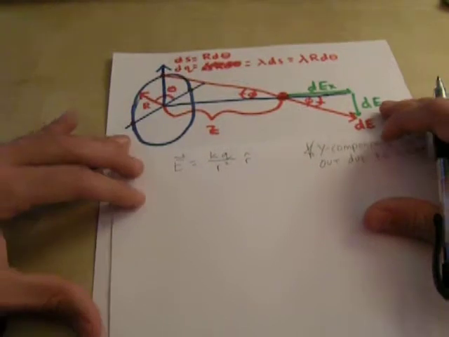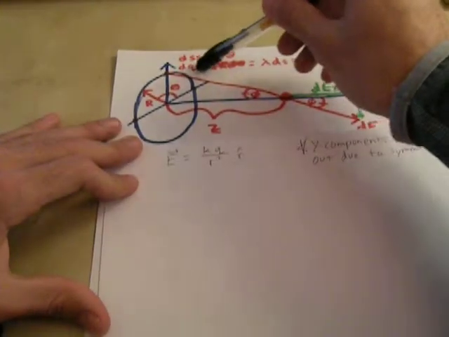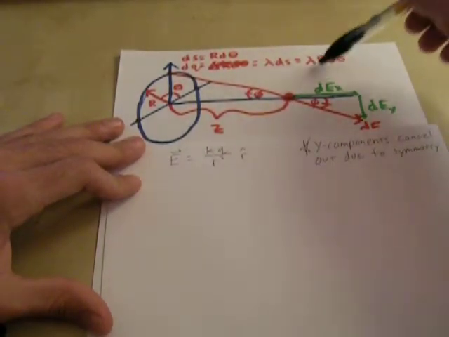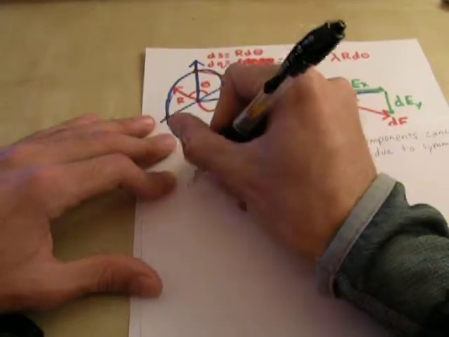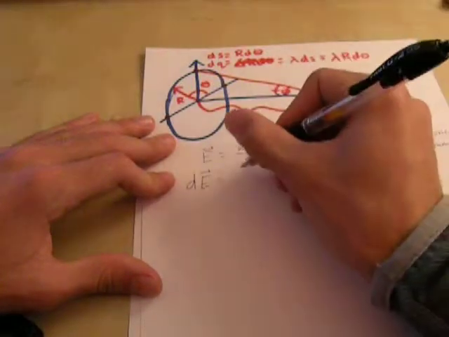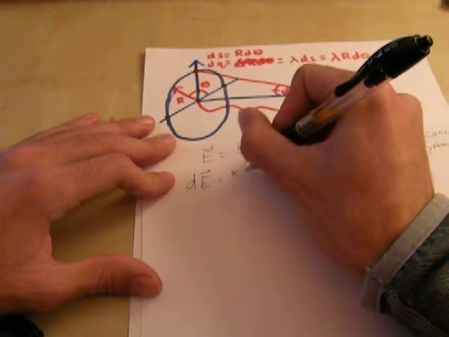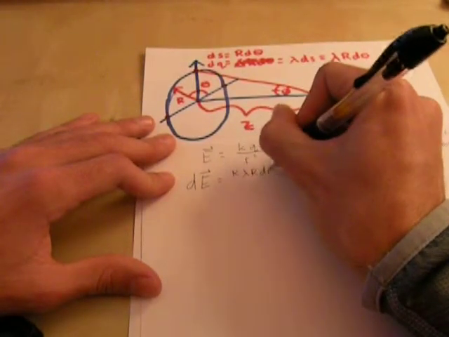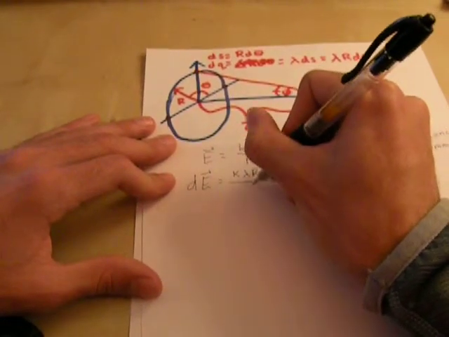So let's get to it. Up here, as I said earlier, dq equals lambda r d theta. So we're just going to make this a dE now. dE equals k lambda r d theta over r squared.